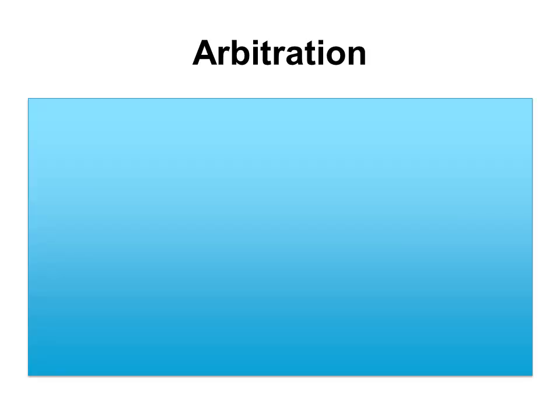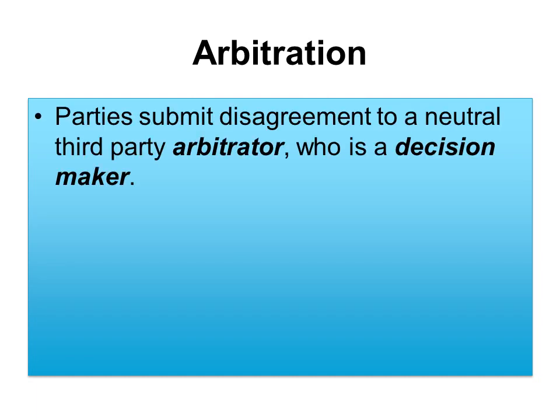So arbitration was mentioned in the earlier slide. Two of the most common forms of ADR include arbitration and mediation. Arbitration is where parties submit their disagreement to a neutral third party called an arbitrator, and this person is a decision maker.